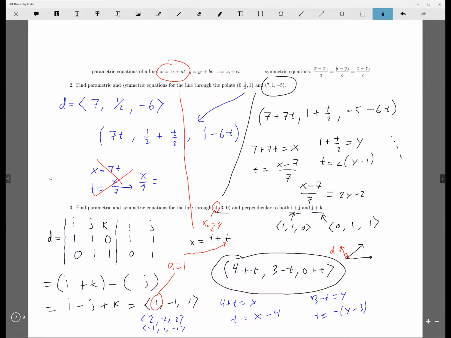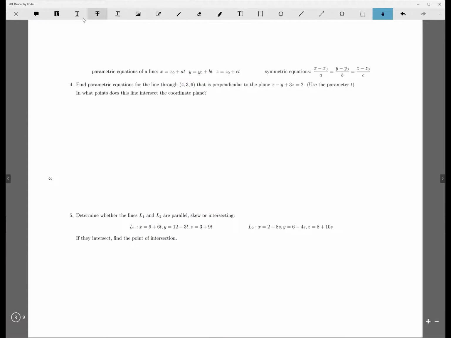So that means that right here, the normal to the plane is 1, -1, 3. So I'm just taking the coefficients of the X, the Y, and the Z. So 1, -1, 3. Okay, so if you have an equation of a plane like that, that's the normal.